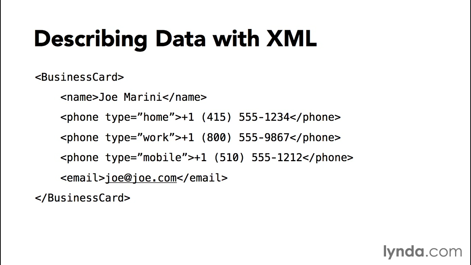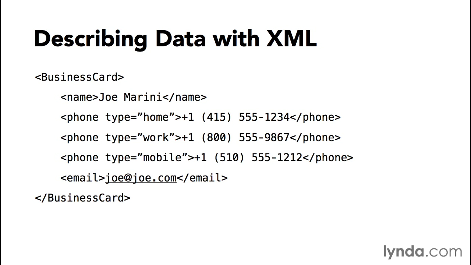So I sat down and said, well, if I'm going to structure a business card in XML, I'll probably need a root tag, and I'll just call that business card. And then I made up the tags name and phone and email. And if I wanted to add other tags like address and so on, I could go ahead and do that. Now, once I've done this, once I've collected this data here in XML, I can now take this XML data and give it to any other XML-aware program, and that program can then parse and extract data from this business card.